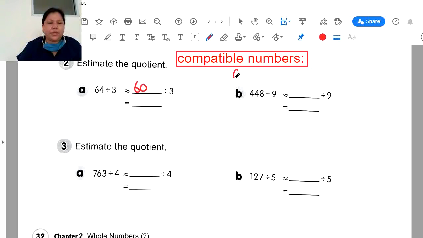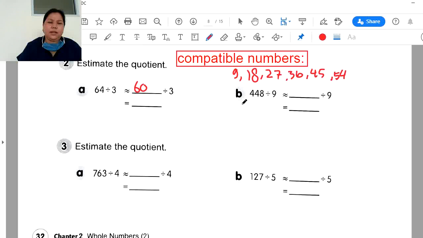We start from 9, and then we count on 9, 18, plus 9, we have 27, plus 9, 36, plus 9, 45, plus 9, 54. I think that's all.